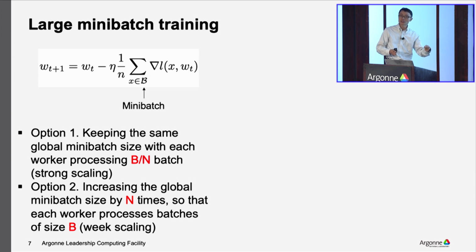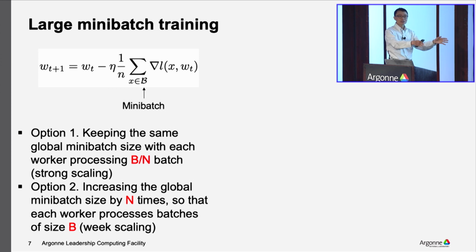There are options. The first option, you can let each of them do 128. So then each of them will do a smaller set of this 256 batch size. Well, this is a kind of strong scaling case in parallel computing.